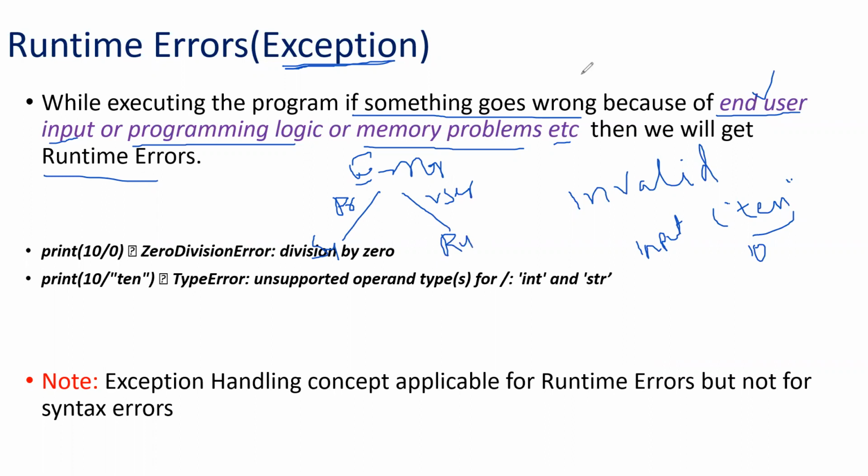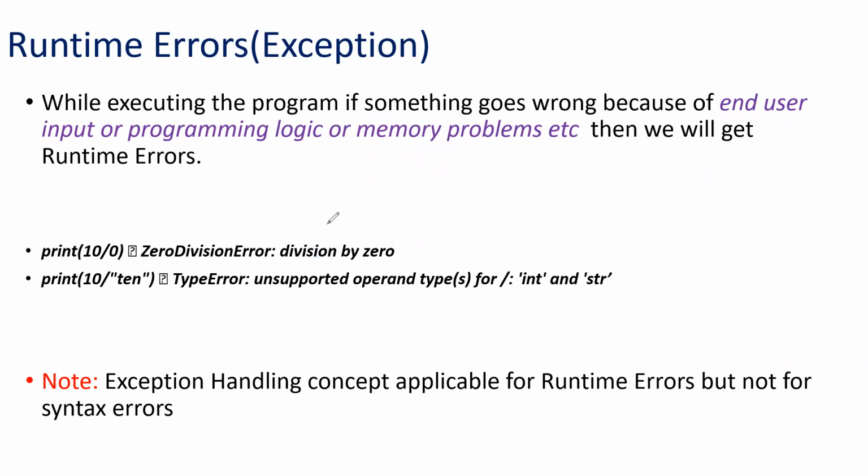And if you are using invalid logic, then it throws an error, or some memory insertion like that. So whenever we are dealing with some kind of invalid operations, surely we'll get runtime errors. What are the examples? Now, 10 by 0.